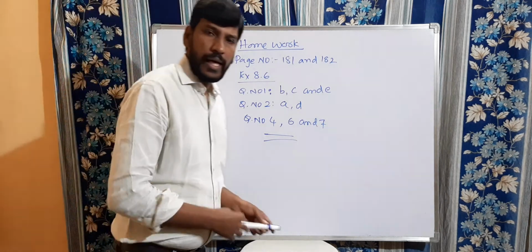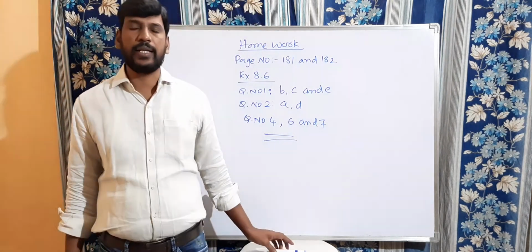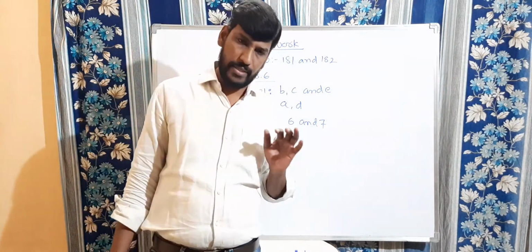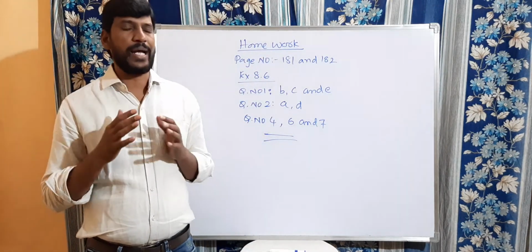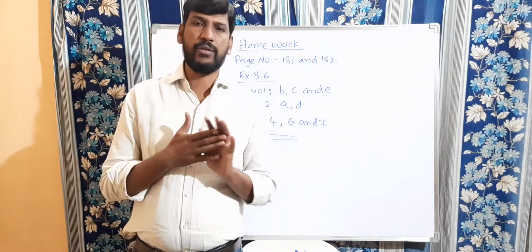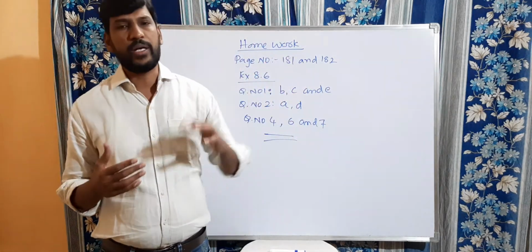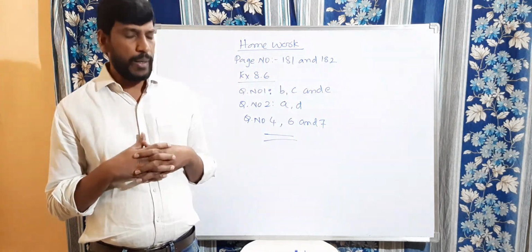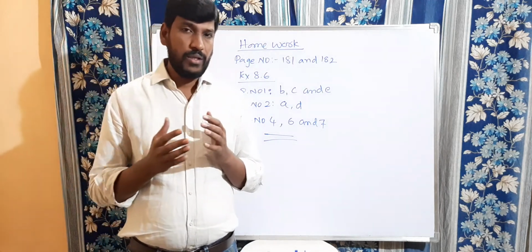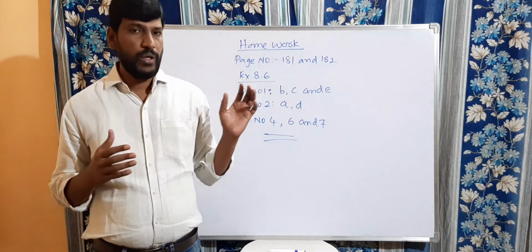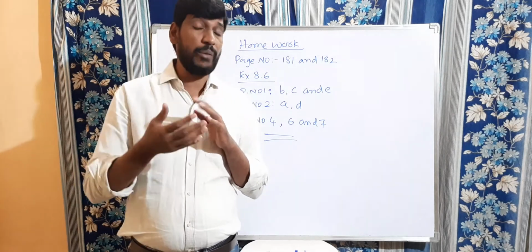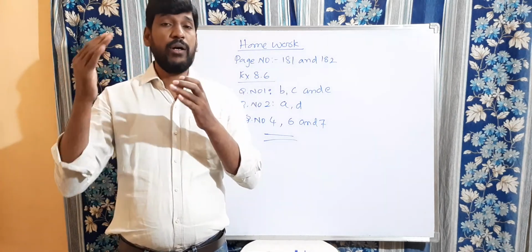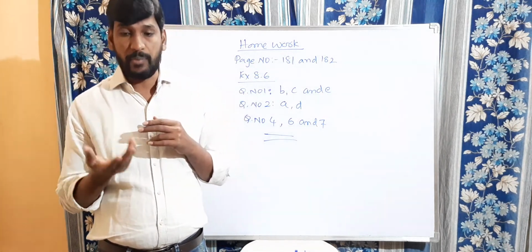Right, children? I hope you understood today's class, that is subtraction of decimal numbers. Since you are doing subtraction, if they are normal decimal numbers given directly, you can do subtraction. But coming to the conversions, just now we discussed question number 5, that is 20 meter 5 centimeter cloth, 4 meter 50 centimeter cloth.